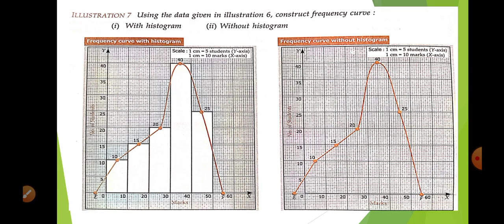First we drew the rectangles, pointed the mid of all the rectangles, and then joined them freehand. This is your frequency curve with histogram. Here we have not drawn the rectangles. Here we plot the mid values and join them.